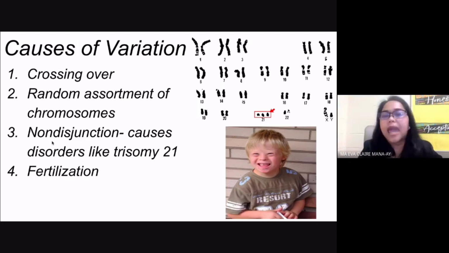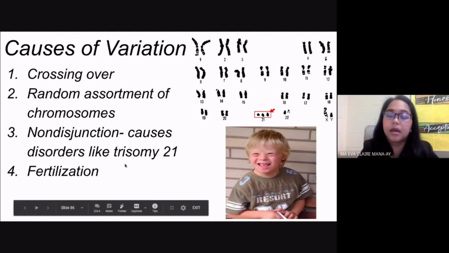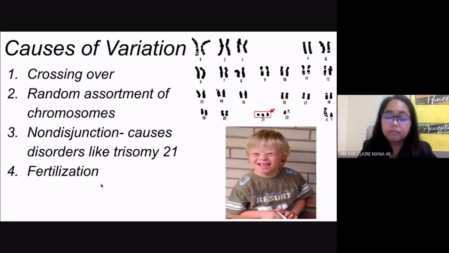Non-disjunction happens during anaphase, when the chromosomes split. Sometimes abnormalities may happen, and this can cause disorders like trisomy 21. So this little guy has trisomy 21. And of course, fertilization is also a cause of variation. We don't know which sperm cell is going to fertilize the egg cell of the mother.